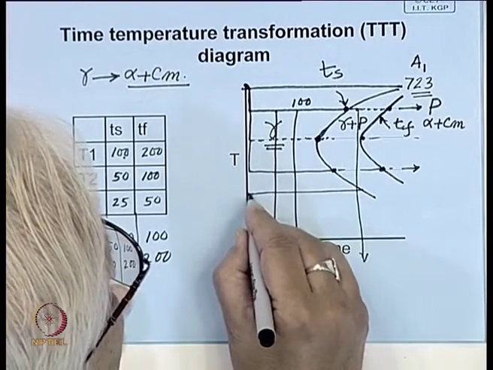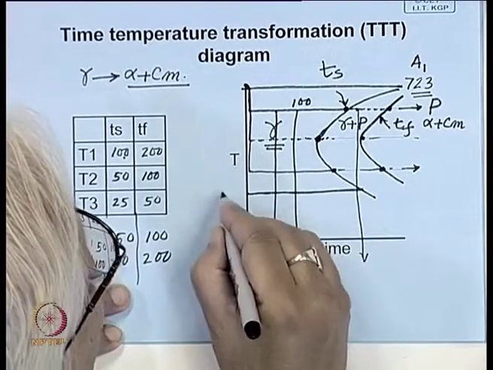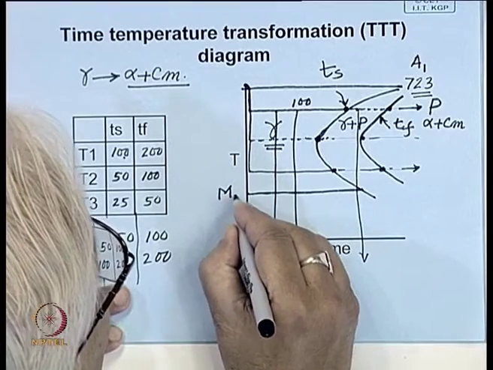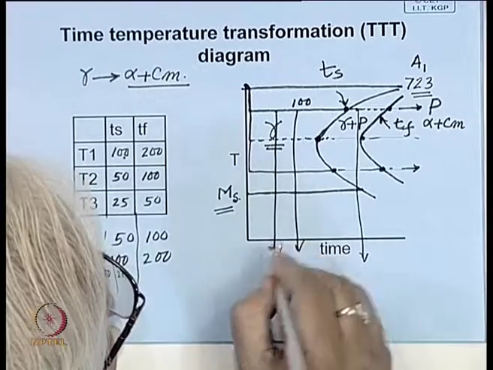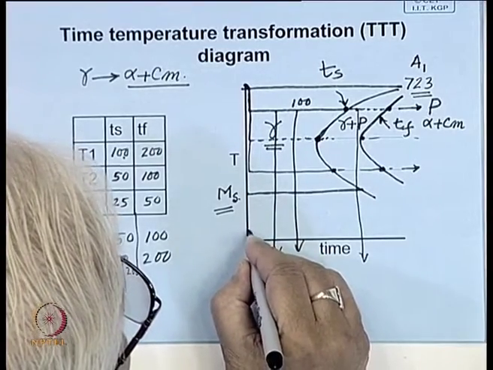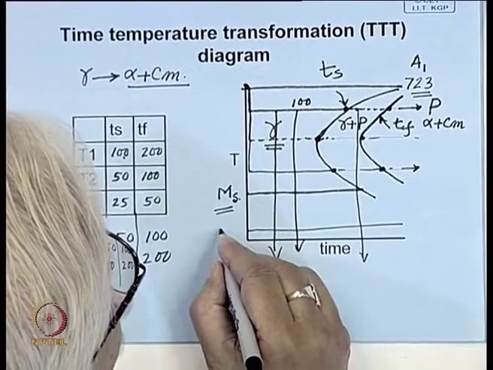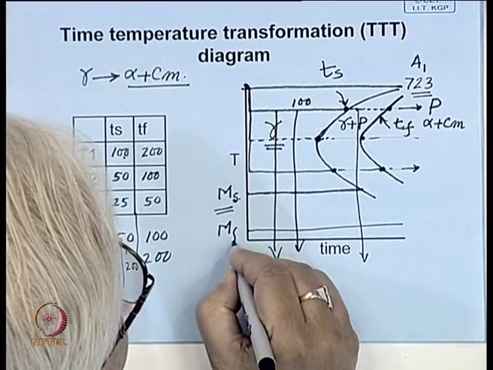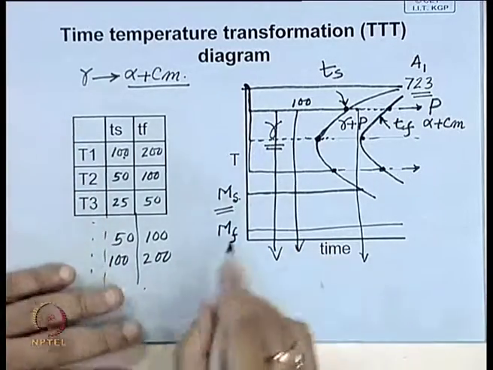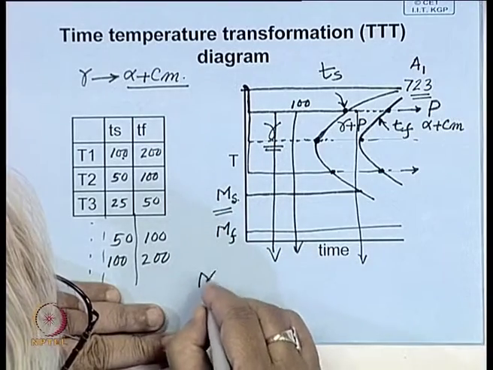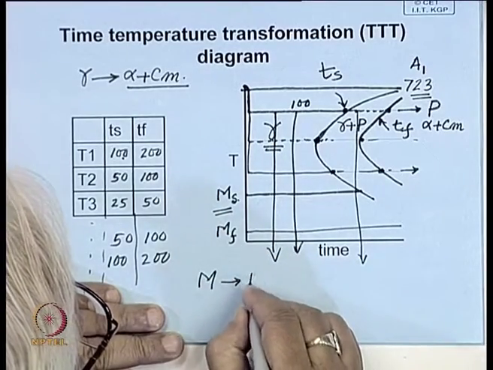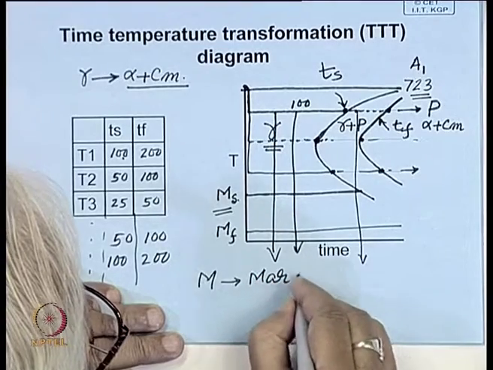If it exceeds this temperature, we call this temperature MS. We get a totally different type of microstructure, and there is a similar term MF. So, these are temperatures. This is called the martensite start temperature. M stands for martensite.